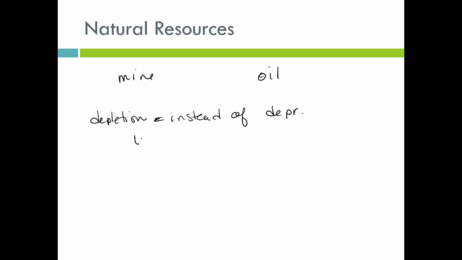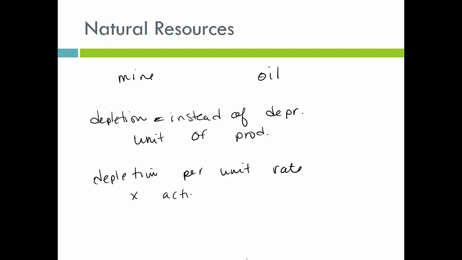And I use the units of production method, where I will come up with a depletion per unit rate, and then multiply it by the actual amount that I extracted from my mine or my oil rig or whatever.